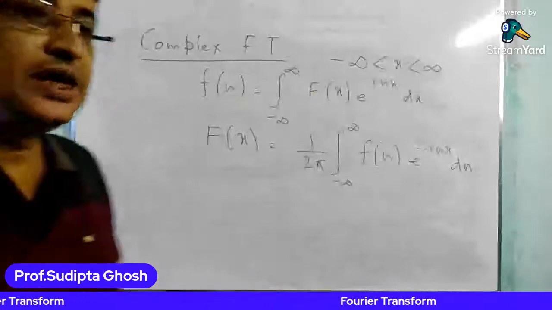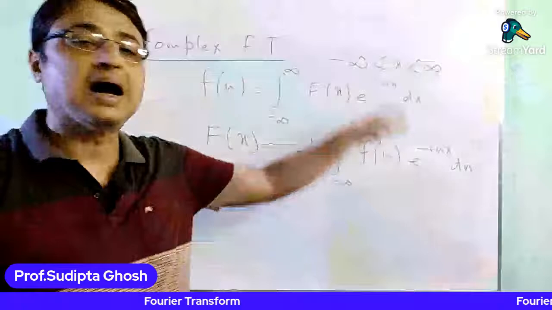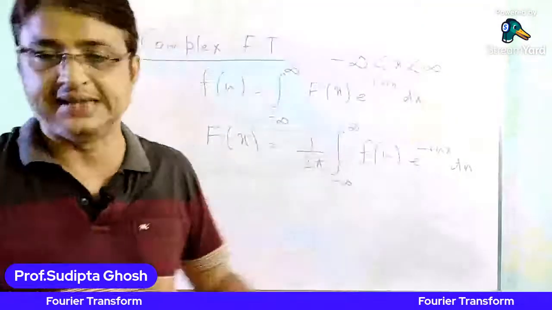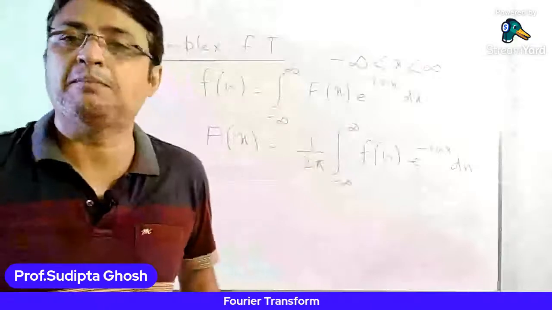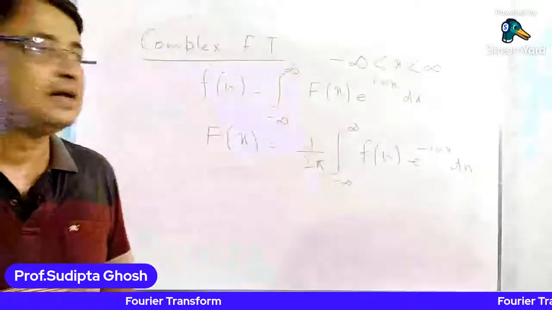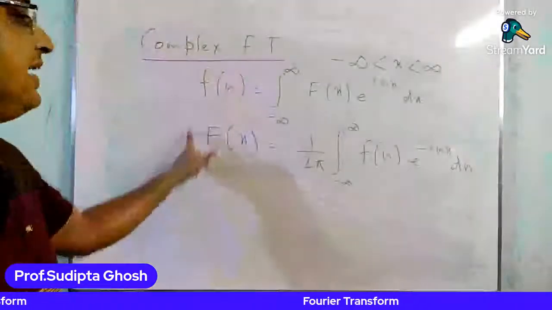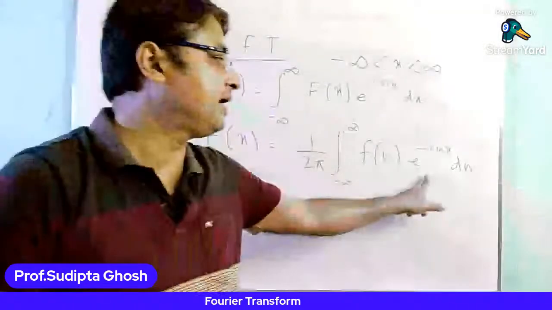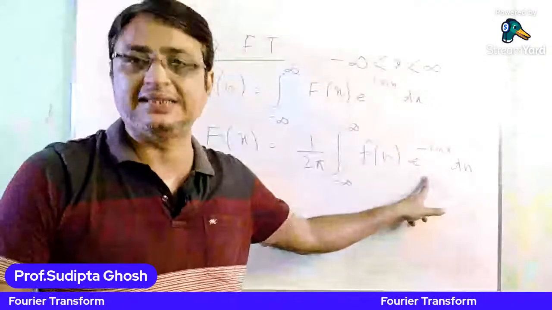In many books you may find this is e to the power minus i n x dx. Then you just look at this, that the inverse transformation is also given as e to the power plus i n x dn.